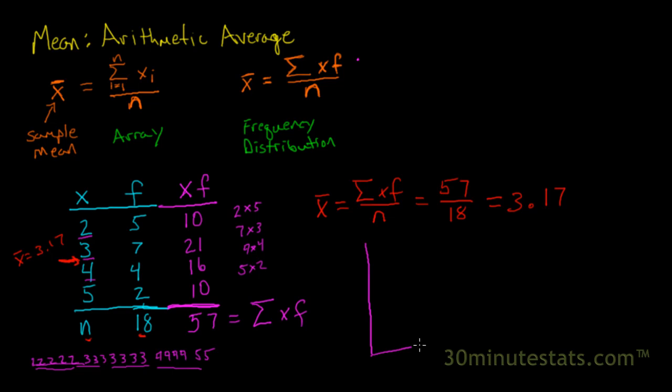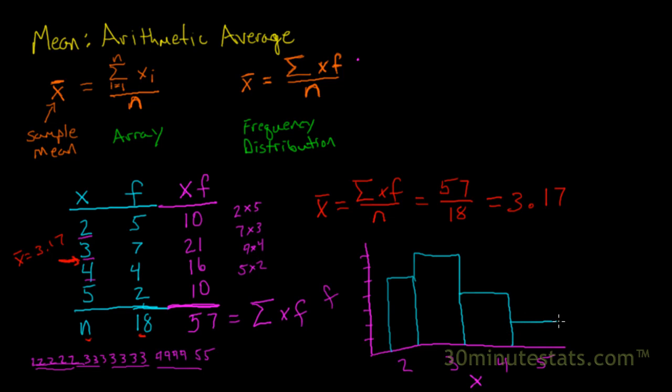If we were to draw a histogram for our data, where we had values of 2, 3, 4, and 5 for our variable x, and we had the frequencies here, 1, 2, 3, 4, 5, 6, 7, we'd see that there are 5 2s, that there are 7 3s, there are 4 4s, and there are 2 5s.